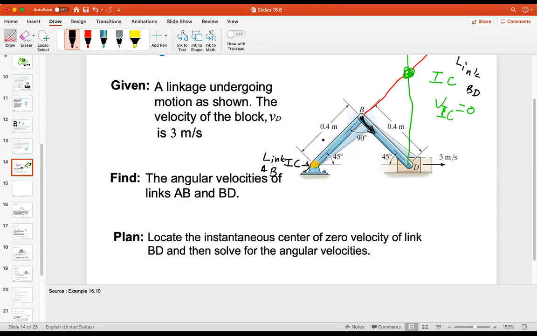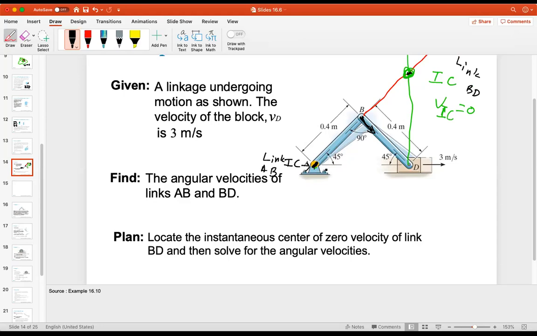So we know that the first instantaneous center is up here, and the second one is here where A rotates at point A. All right, so we've identified conceptually where the two instantaneous centers of motion are. We have to do some trigonometry to get numbers.